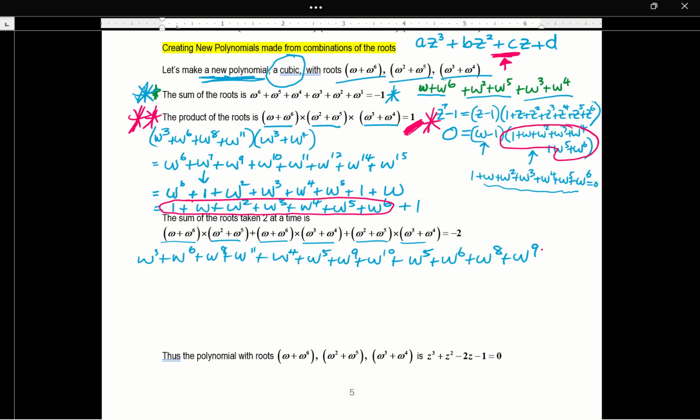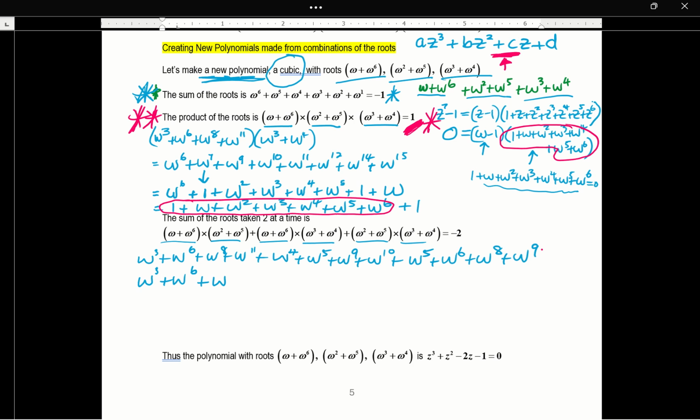And I'm reckoning that equals minus 2, but let's show why that is. So I'm going to leave w cubed alone and w^6 alone. But w^8, that's w^7 times w. So that's 1 times w. So I'll just replace it with a w.